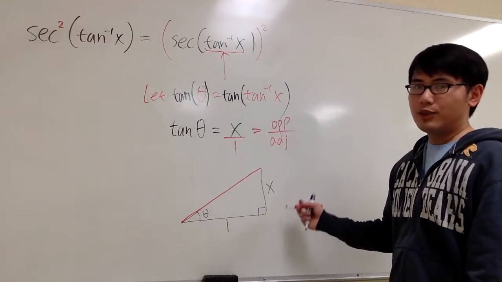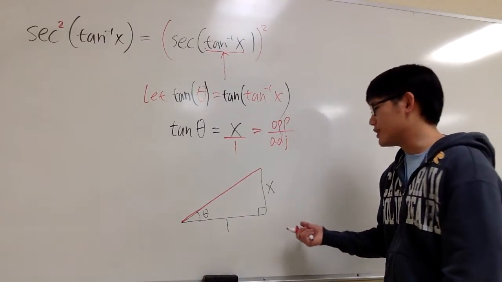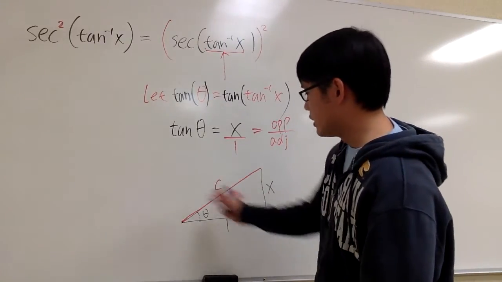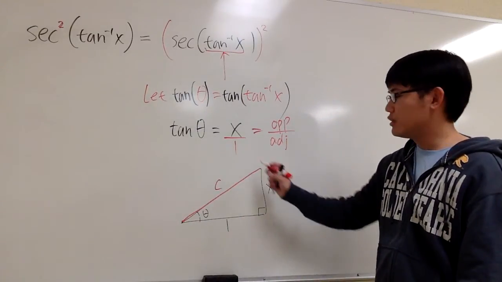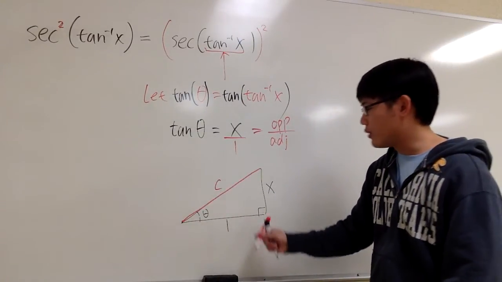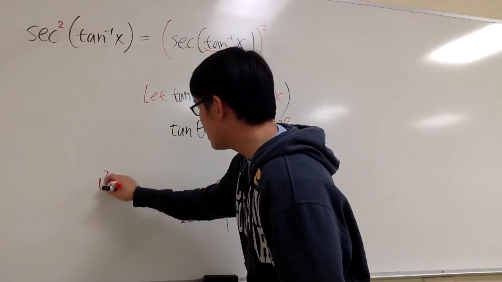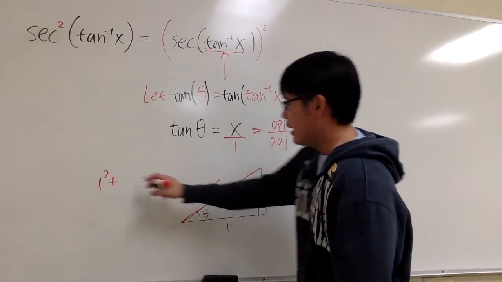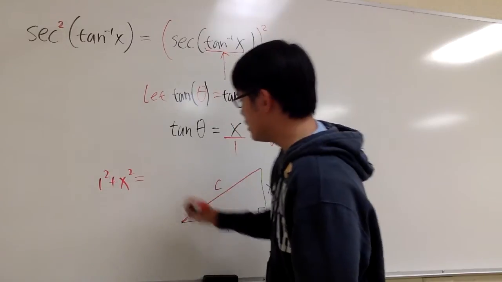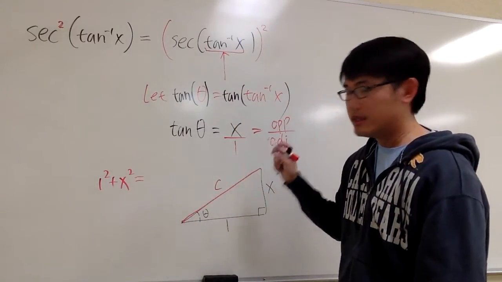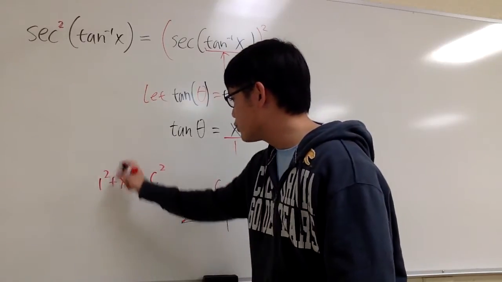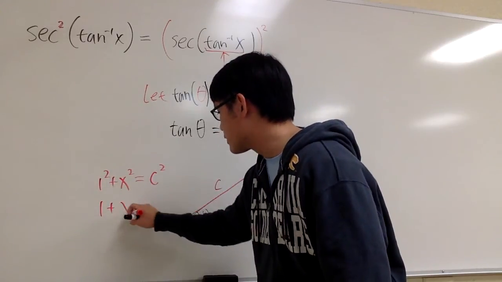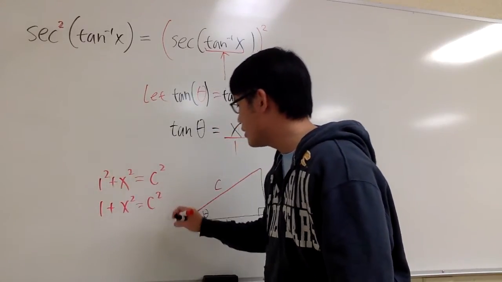We know two sides in the right triangle, so we can use the Pythagorean theorem. I'll call this c. We know that a squared plus b squared has to be the hypotenuse squared. So 1 squared plus x squared is c squared. 1 squared is just 1, so 1 plus x squared is equal to c squared.